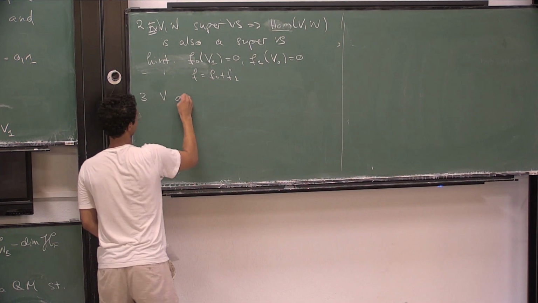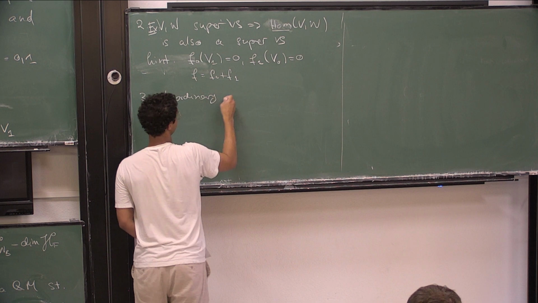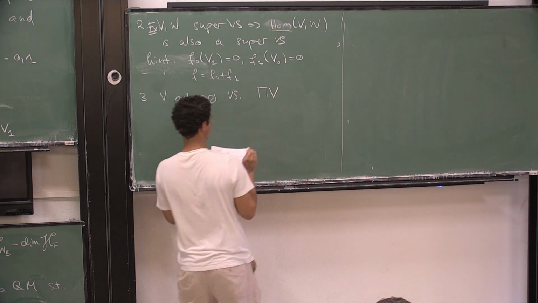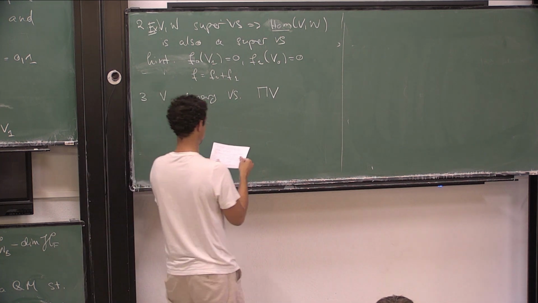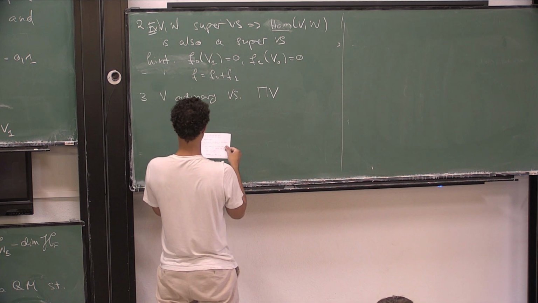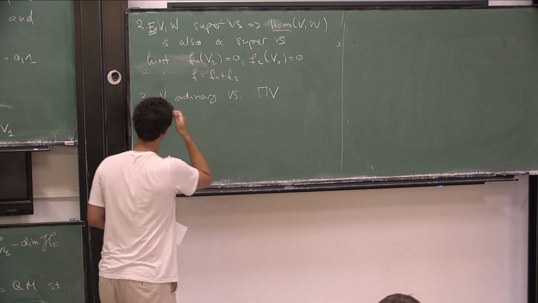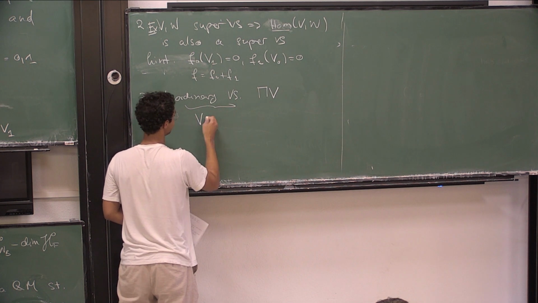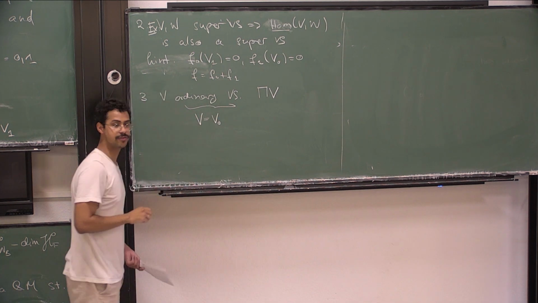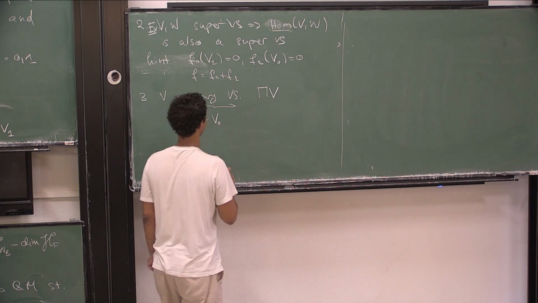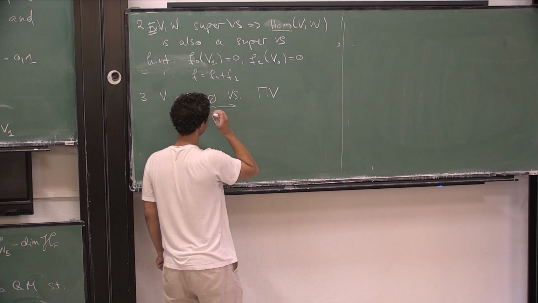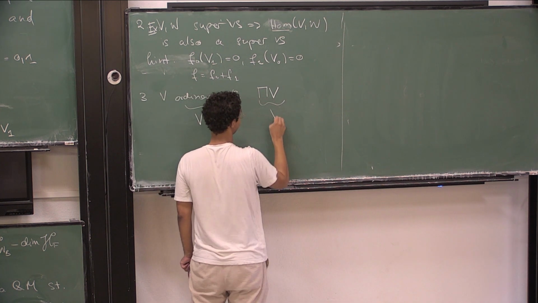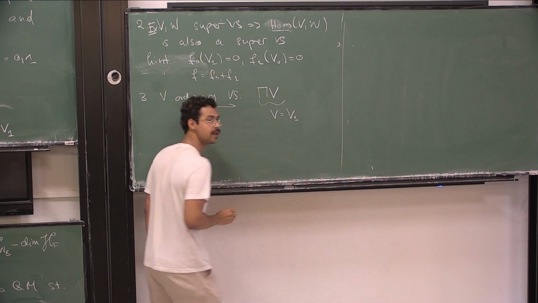So if V is an ordinary vector space, then you can define pi V. Ordinary vector space would mean that V is essentially just all in V0, right? And then pi V would mean that V is considered to be V1.